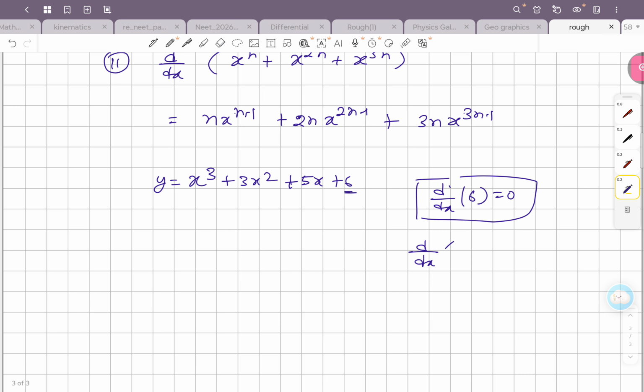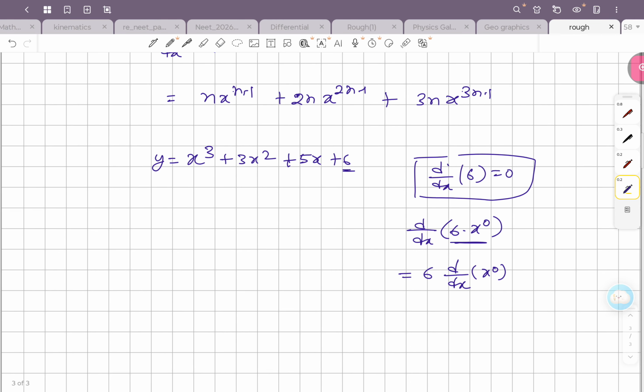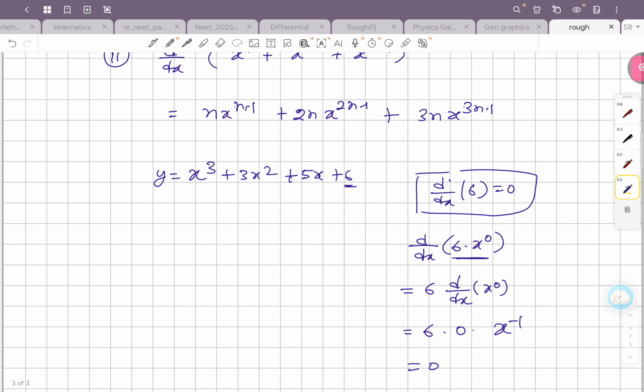You can write the constant as constant into x to the power 0. When a constant is in multiplication, you can put it outside and differentiate x to the power 0. The power comes down in multiplication, so it is 0 into x to the power minus 1, which is overall 0. That is the reason.